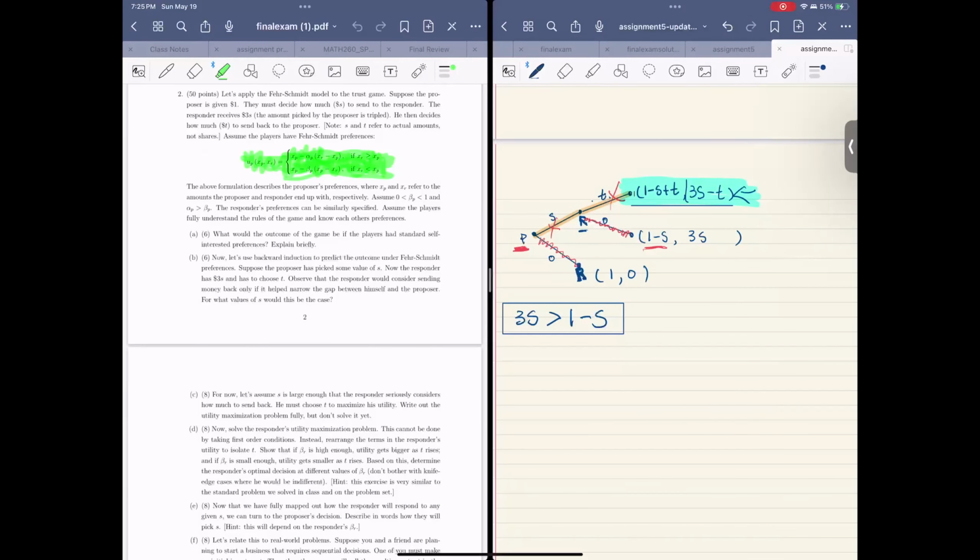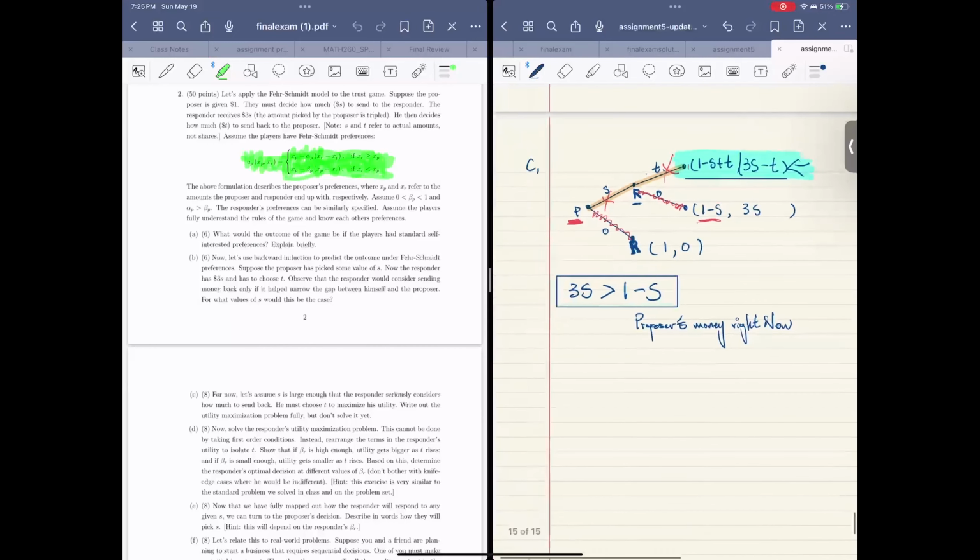This is the proposer's money right now, and this is the responder's money right now.